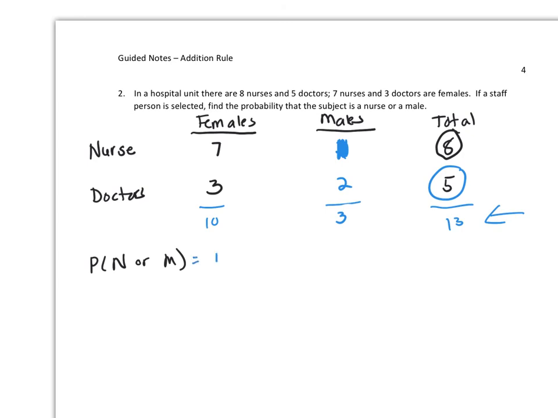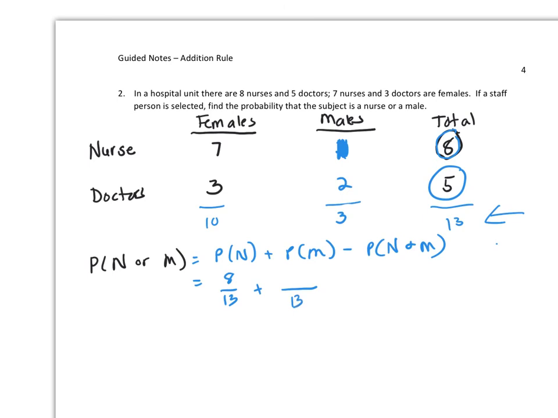So probability of nurse plus probability of male minus probability of nurse and male. Probability of a nurse. Well, we got 13 to choose from, so that's going to be 13 in the bottom. And how many are nurses? 8. Plus the probability of a male. Well, we got 13 of them. 13 people.